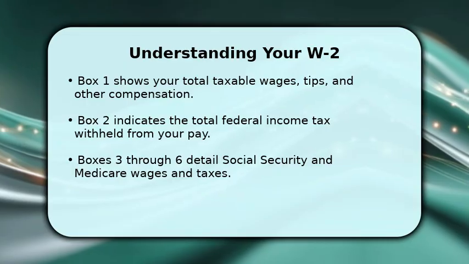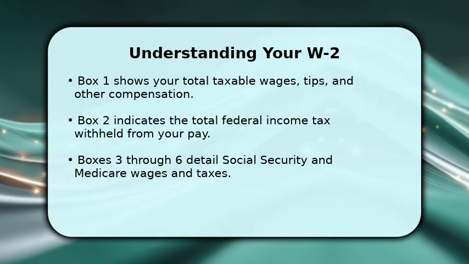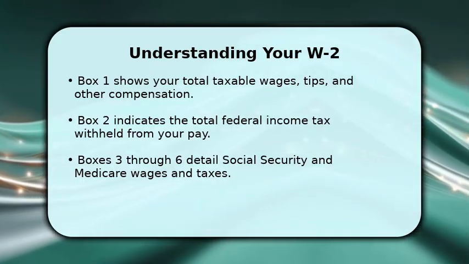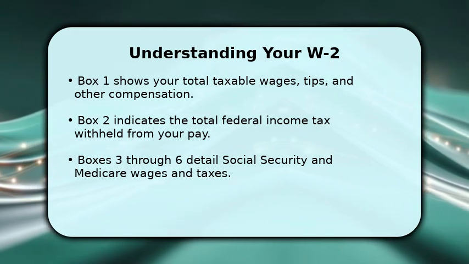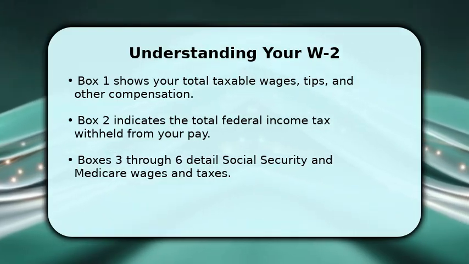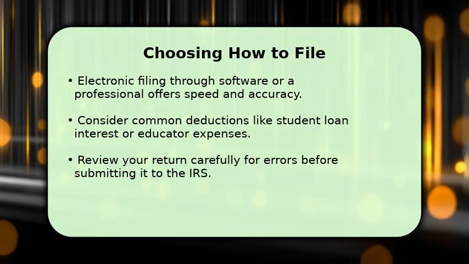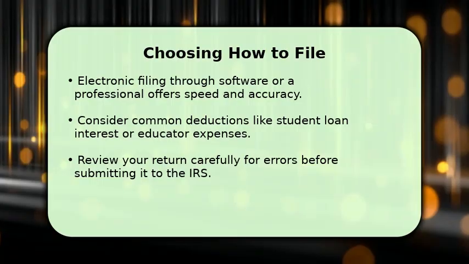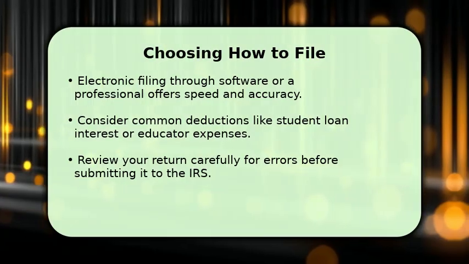Additionally, Boxes 3 through 6 provide details on your Social Security and Medicare wages and the corresponding taxes withheld. Understanding these boxes is fundamental to accurately reporting your income and ensuring you receive the correct refund or pay the right amount. When it comes to filing, electronic methods, whether through tax software or a professional, are generally faster and reduce the chance of errors.